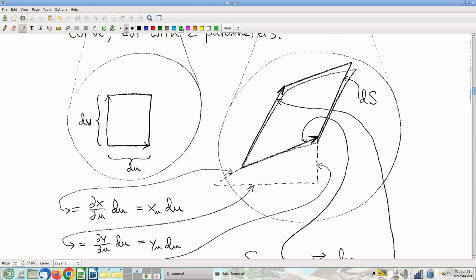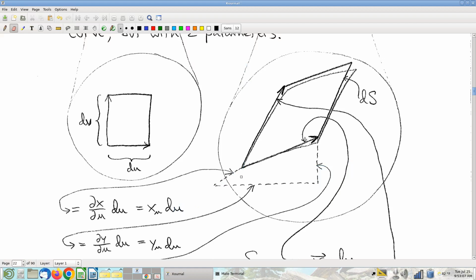Here I was looking at a piece of surface, and it was implicit in this picture that we were in 3 dimensions. That was the whole awkwardness in the first place, that we had a 3-dimensional output but a 2-dimensional input, and that's why we had to deal with it.